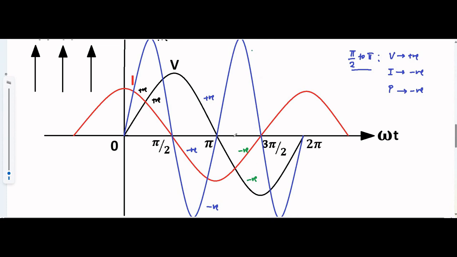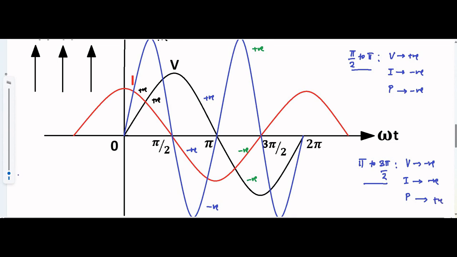That's why the power waveform is in the positive, upward direction. So voltage is negative, current is negative, power is positive.